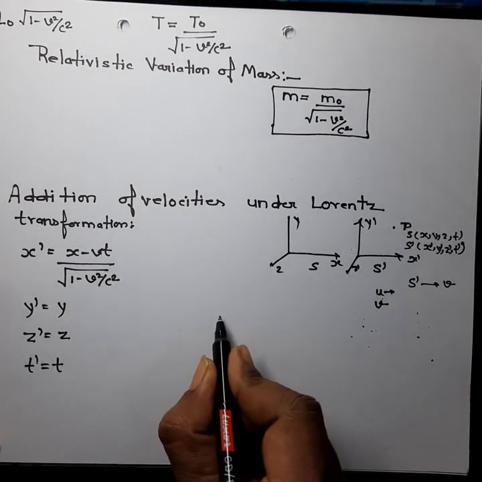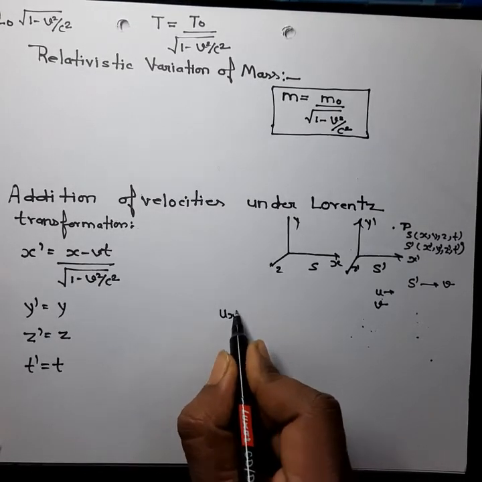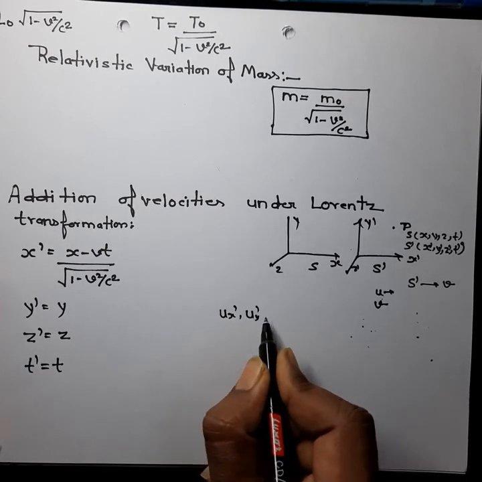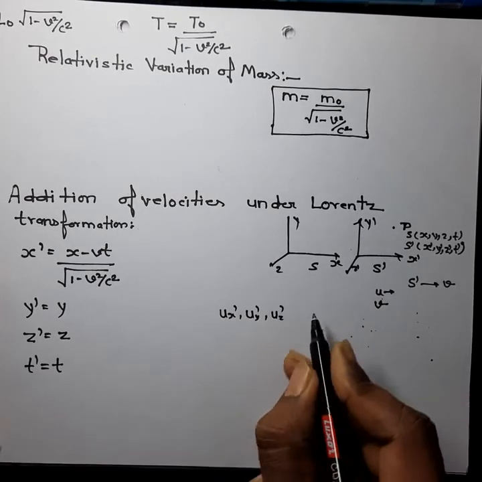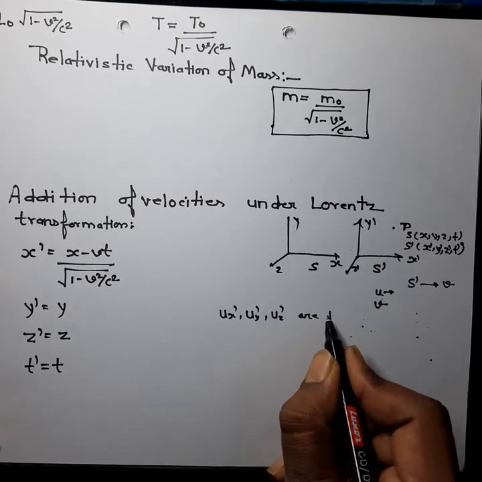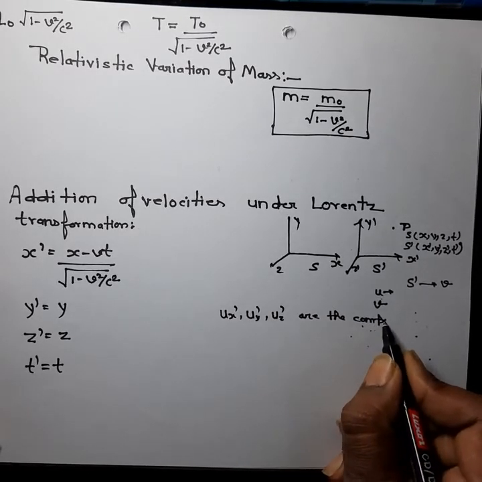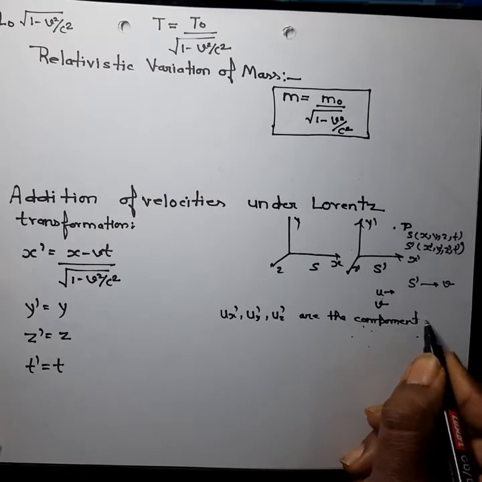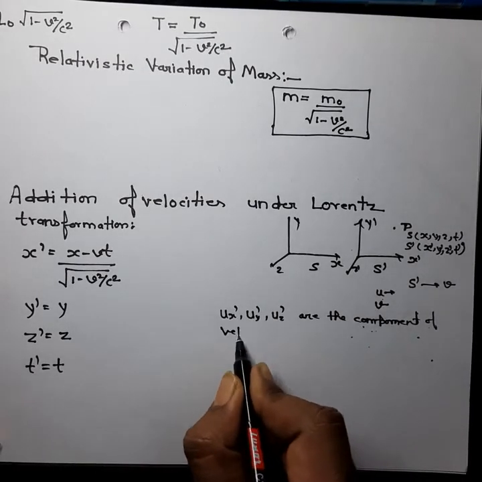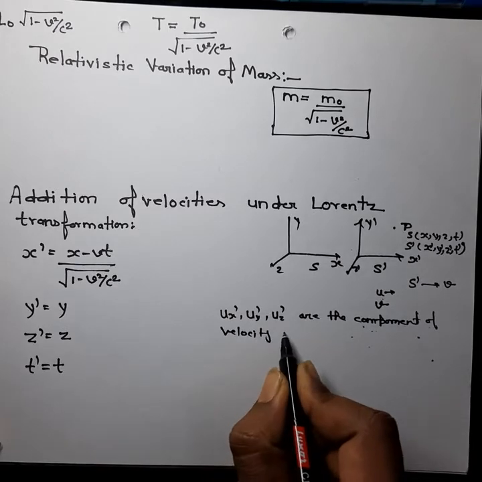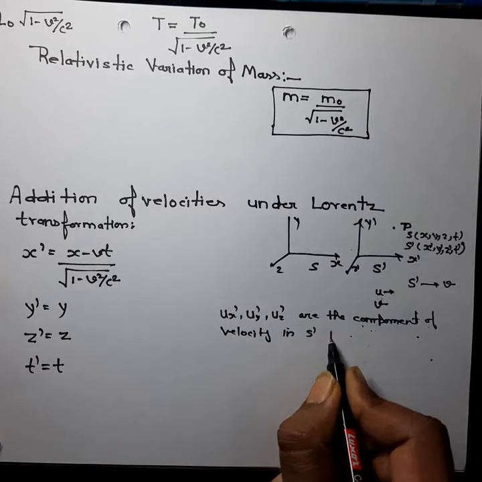Now let's suppose that ux dash, uy dash, and uz dash are the components of velocity in the S dash frame of reference.